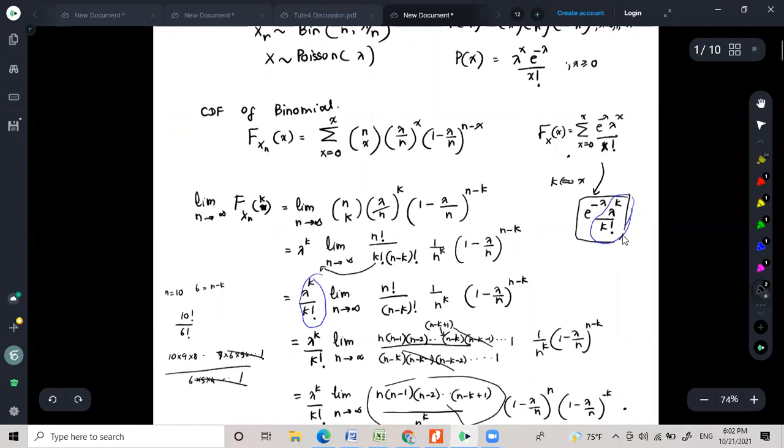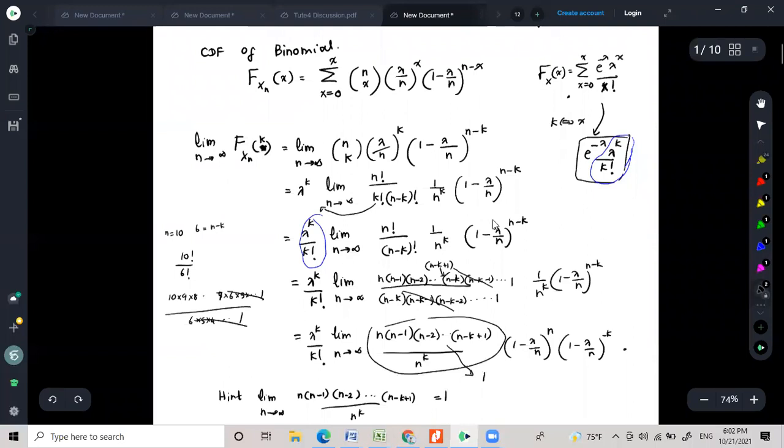So you have to rearrange the terms and take the final answer somehow, right? When you do these things, you have to look back at the final answer and try to make the terms so that you can end up with this expression for the Poisson distribution.